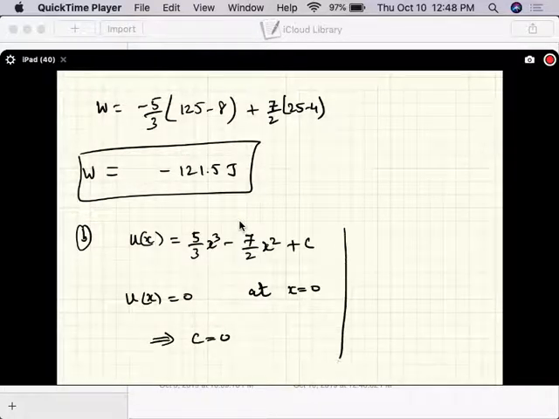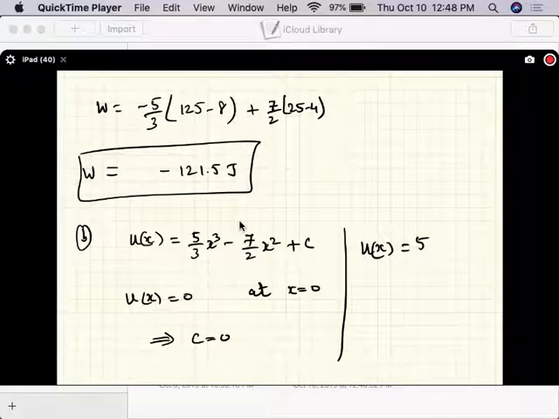Okay. So your potential energy function is 5/3 x cubed minus 7/2 x squared. And that was the function I plotted.